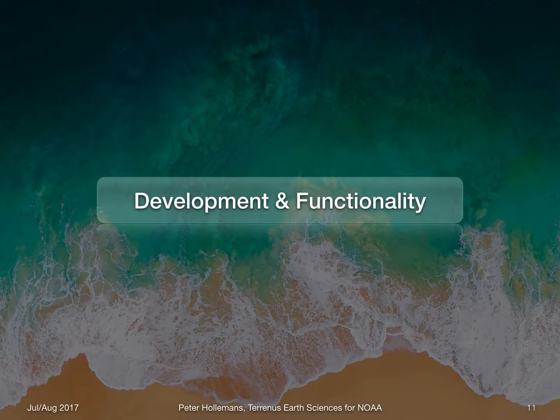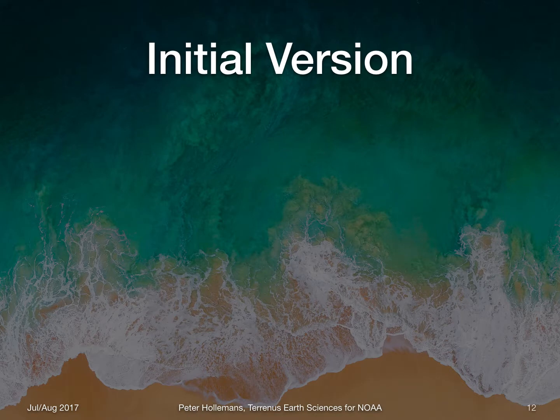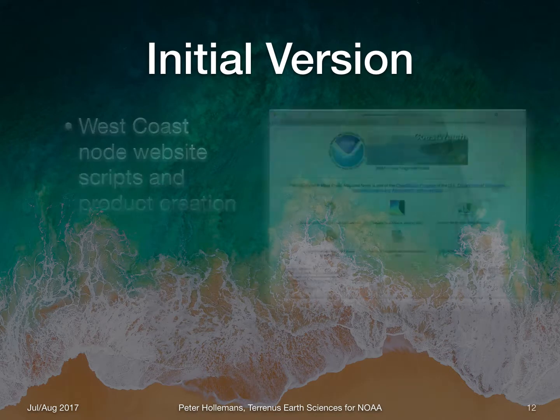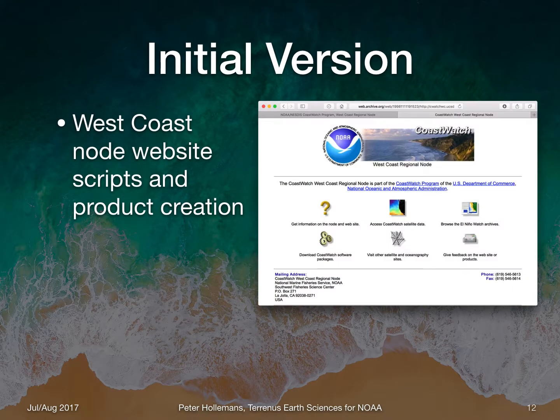So now the section about the initial version and development and functionality of the software. The initial version was designed to run the West Coast node website and scripts, the website was actually replaced in 1998.